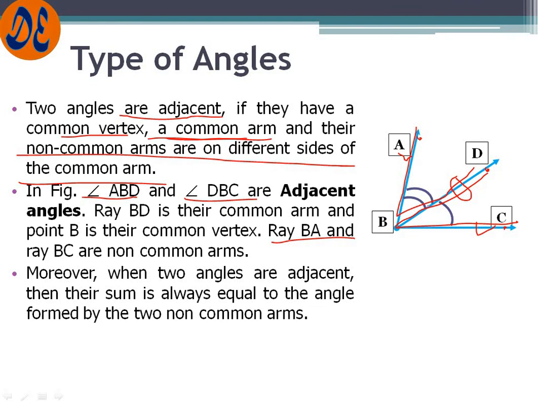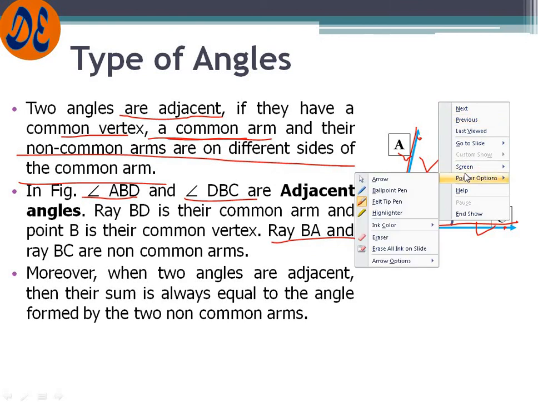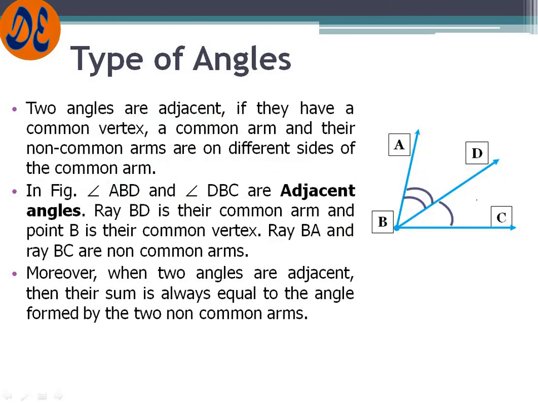So both are not on the same side. In other words, if the angles forming are on different sides of the common arm, so one angle is forming here and one angle is forming here, so both the angles are being formed on the different side, or we can say the opposite side, of the arm, then it is adjacent angle.